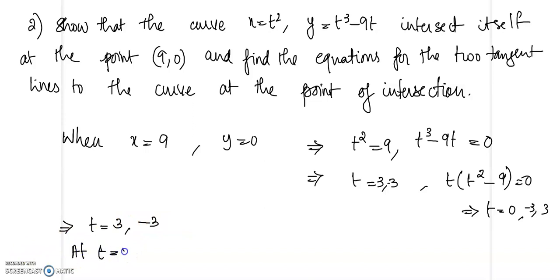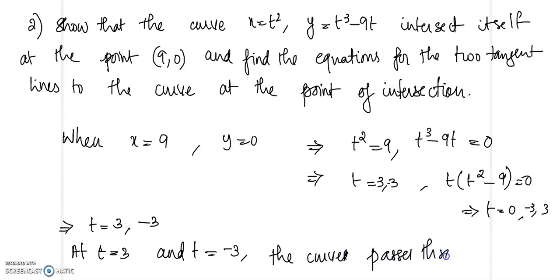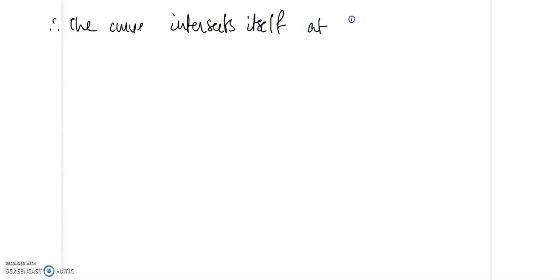So at t equal to 3 and t equal to minus 3, the curve passes through 9, 0. So therefore the curve intersects itself at t equal to 3, t equal to minus 3, which is the point 9, 0.